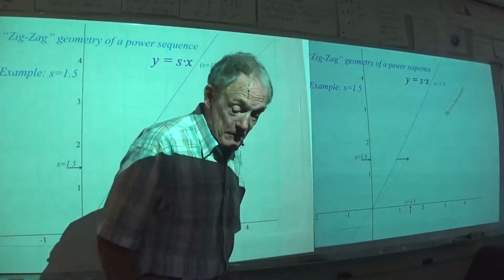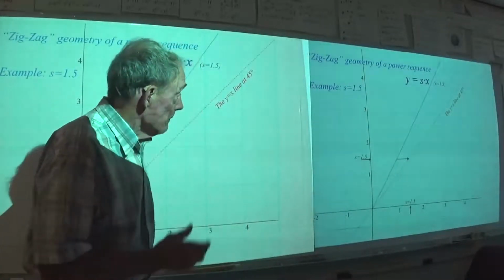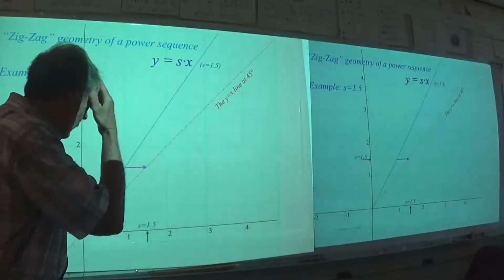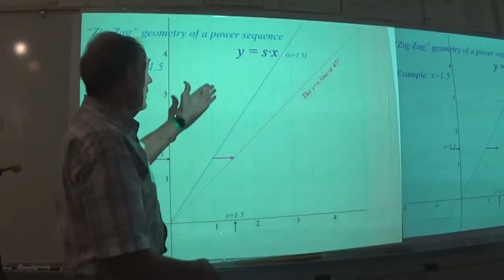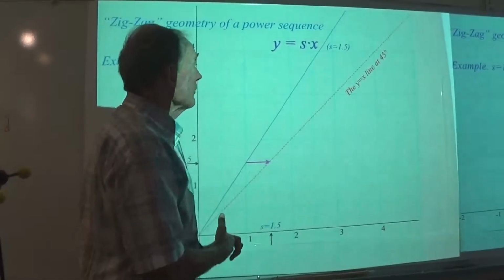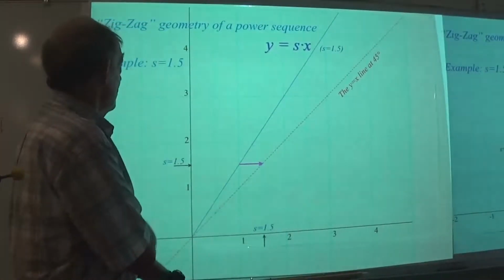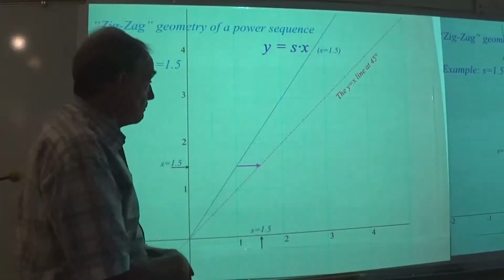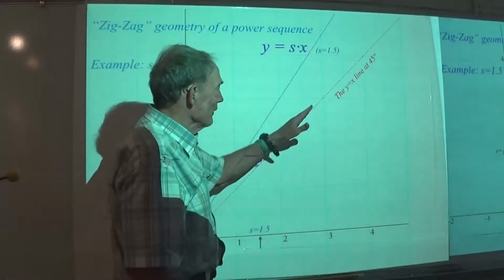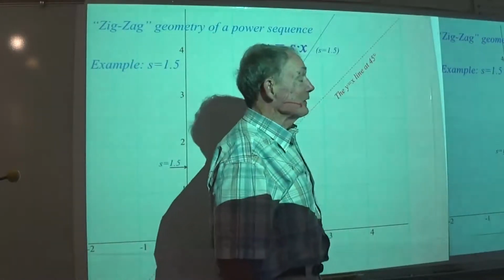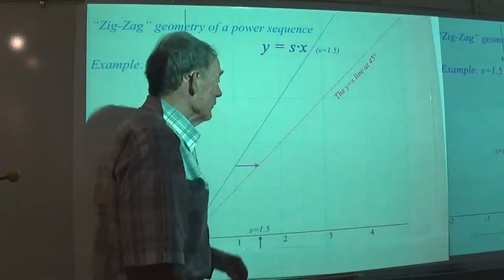Okay, what we're imagining here is just that I've got the line y equals slope times x, and I've got a slope of 1.5 here, and I've got my usual 45-degree line y equals x that is so important for the very first lecture.